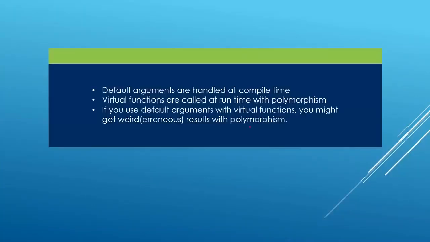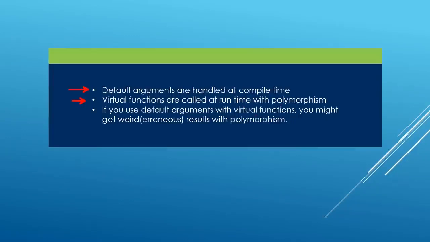Okay, so another way to put this is that default arguments are handled at compile time. The compiler is going to wire these things at compile time where you are building your application, and the virtual functions are called at runtime with polymorphism.